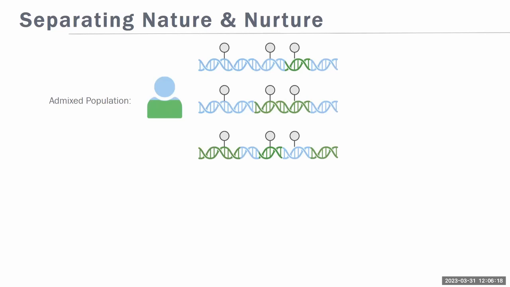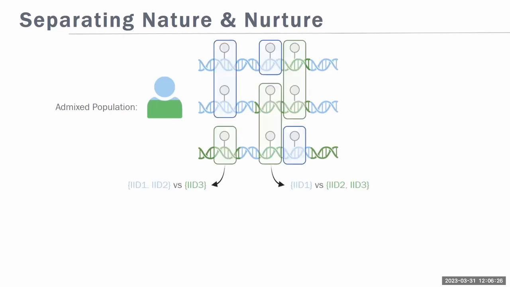And because each person has a different patchwork, if you look at individual methylation sites across the genome, each site will be in the context of a specific genotype from a specific ancestral population. And as you go along the genome, this varies.